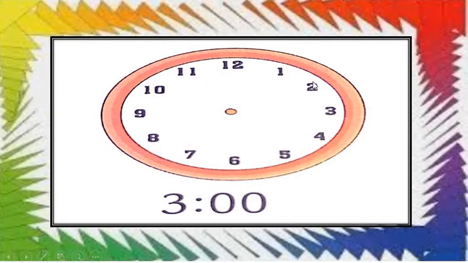Draw the next clock. Write the numbers 1 to 12 on the face of the clock. Write the given time, 3 o'clock, 3:00.